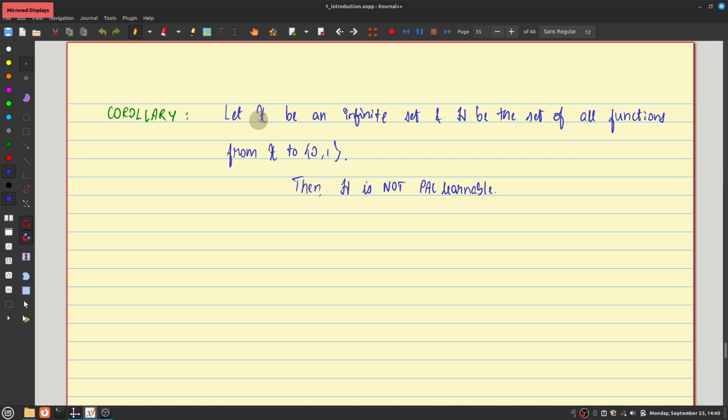Because even if you reduce yourself to a smaller hypothesis class consisting of the set of all functions from a subset to 0, 1, you will still not be able to achieve arbitrarily small epsilon delta error. Which means that no matter how many samples you have, as long as you have a finite number of samples, you will not be able to achieve arbitrarily small epsilon and delta errors. All right.